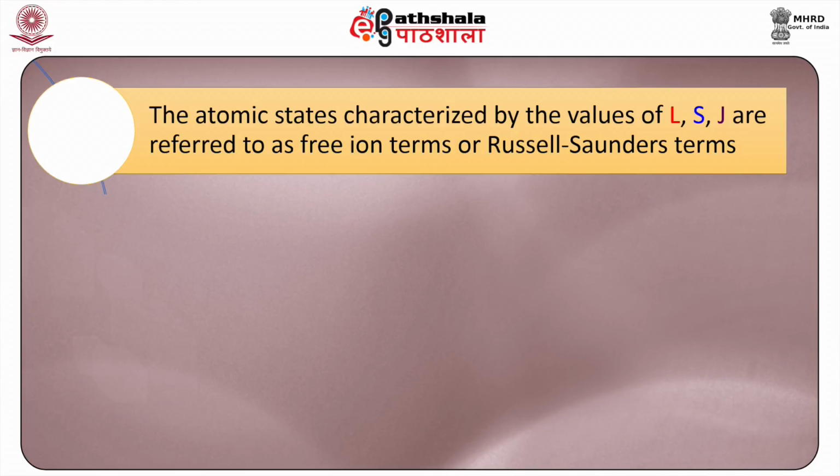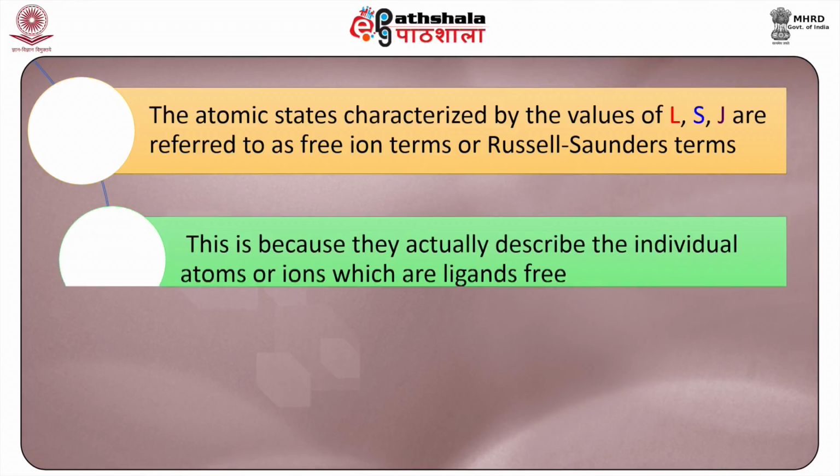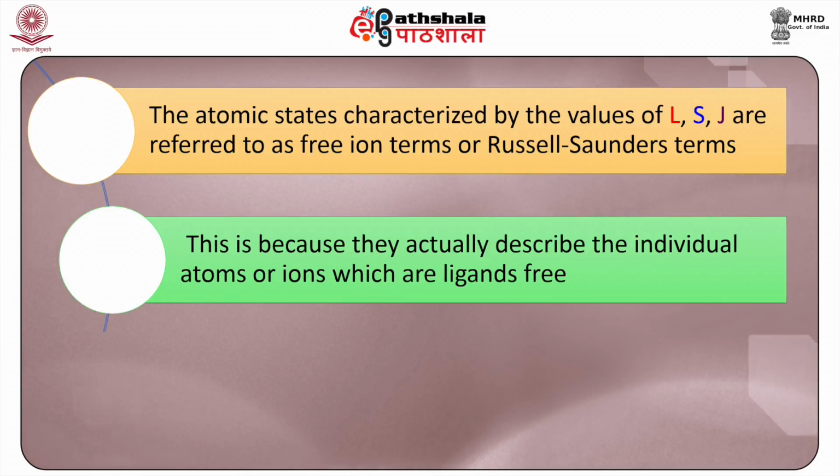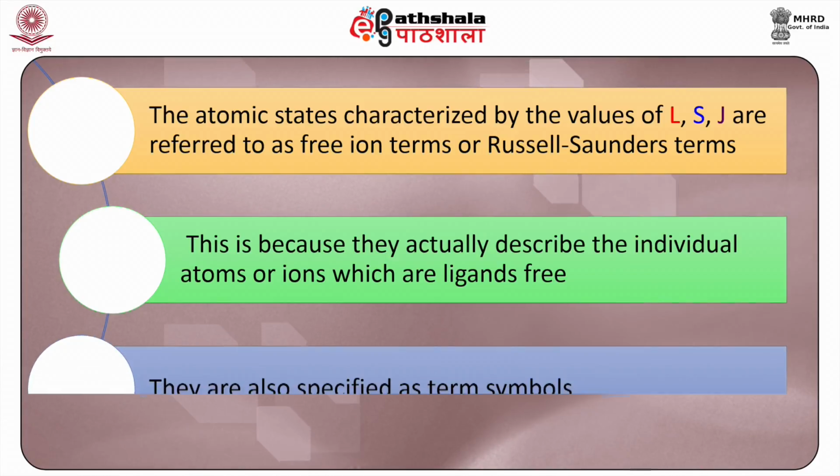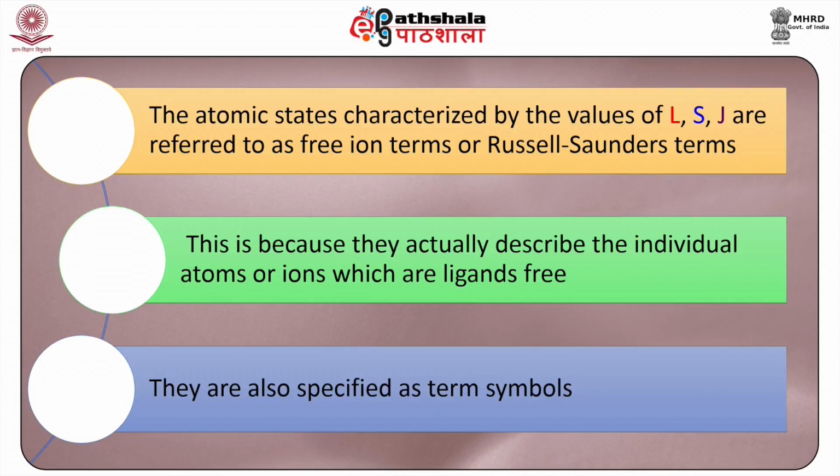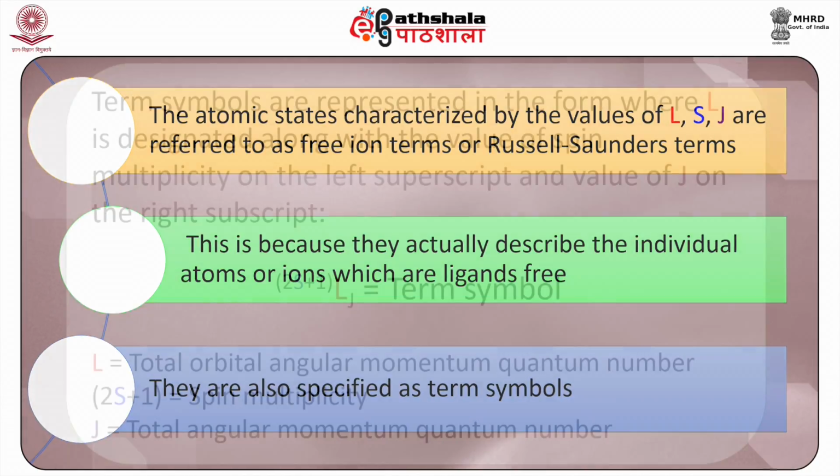The atomic states characterized by the values of L, S, J are referred to as free ion terms or Russell-Saunders terms. This is because they describe the individual atoms or ions which are ligand free. They are also specified as term symbols.